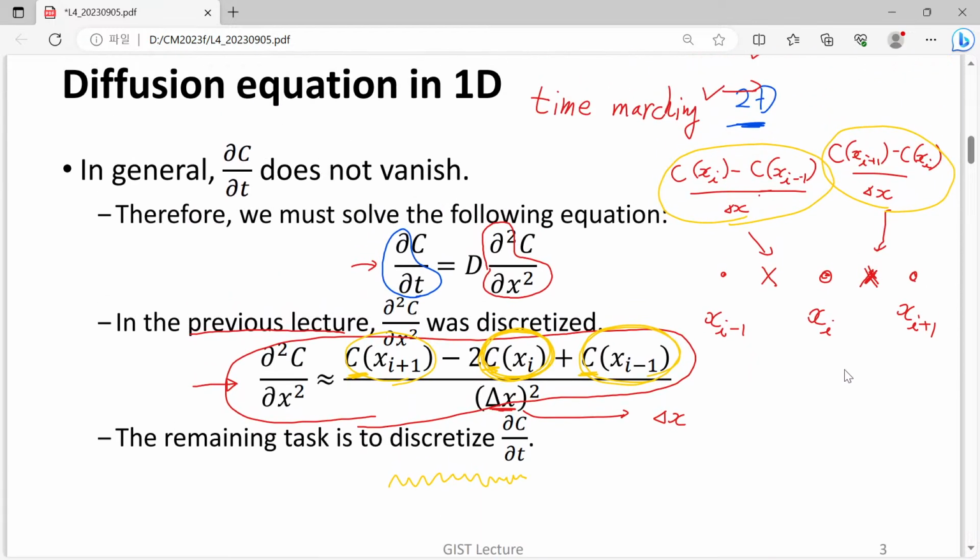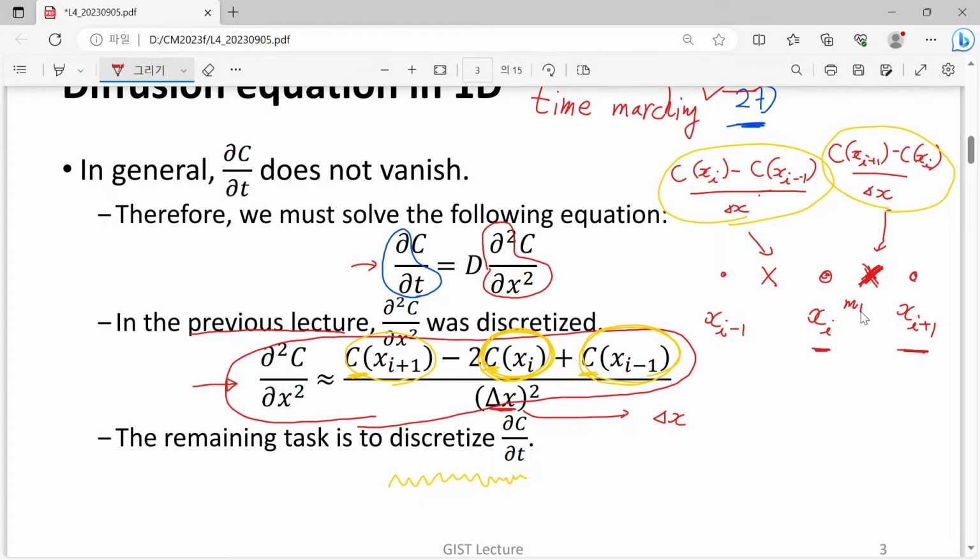When we calculate a second order derivative, since we take the difference between x sub i and x sub i plus 1, our first derivative was assigned not here, not there, but to the midpoint, and their difference was also assigned at the midpoint.